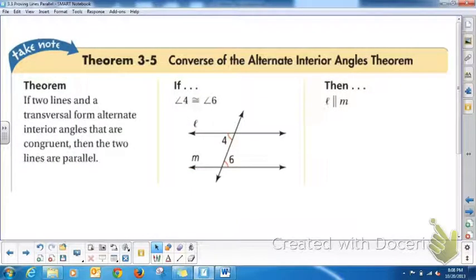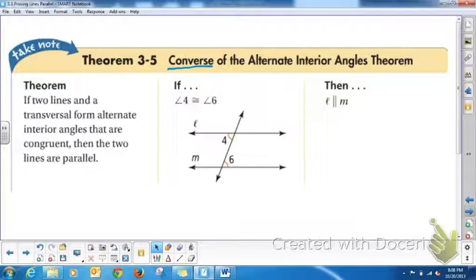The next theorem that we have is Theorem 3.5. It's the converse of the alternate interior angle theorem. And this theorem states, if two lines and a transversal form alternate interior angles that are congruent, then the two lines are parallel. So again, it's the converse. We've switched the hypothesis and conclusion of the alternate interior angle theorem.